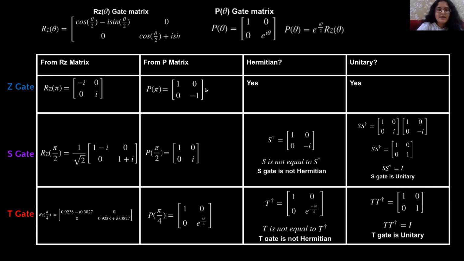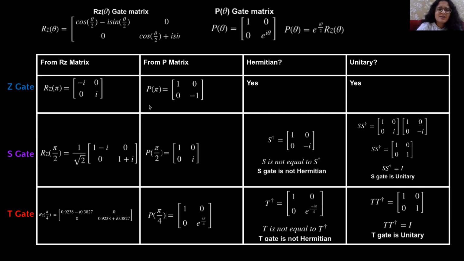And when we apply theta to be pi in the P gate, we get something like this. Now we can transform between these two gates, which are equivalent and represent the Z gate, by multiplying with this particular global phase value and get this value.